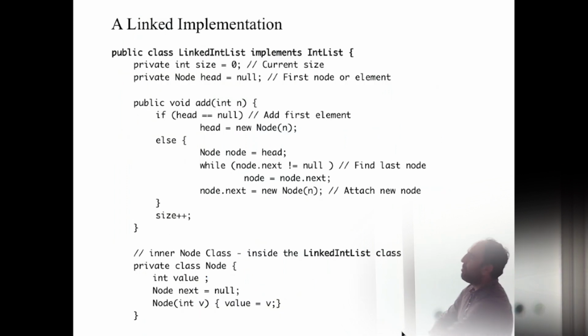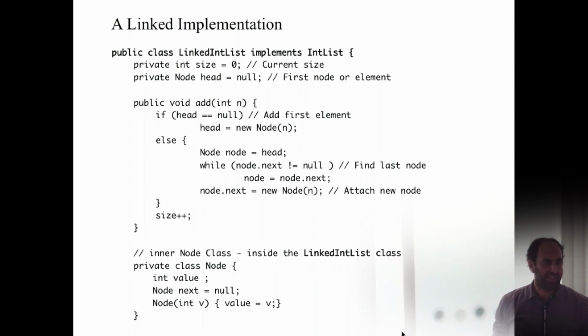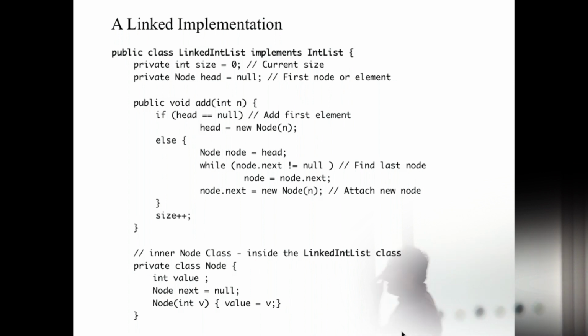So here we have a linked based implementation. We have a class with the name of linked int list, which is implementing the same interface with the name of int list. However, instead of using an integer array of values, int type array, we are now using a node class, and the size is initially equal to 0. When we add the first element, we check if the head is equal to null.